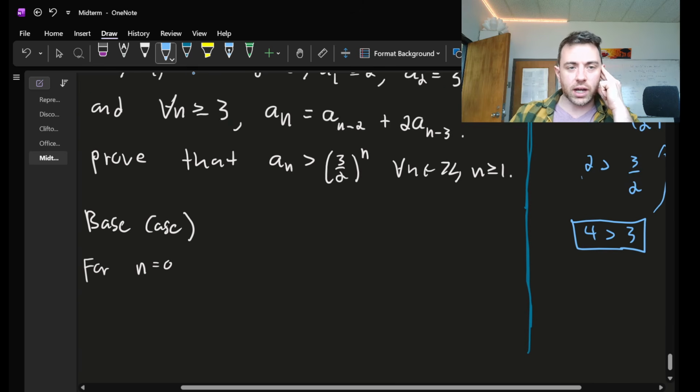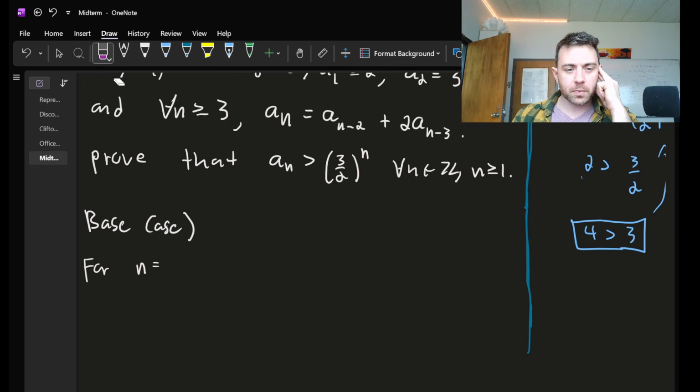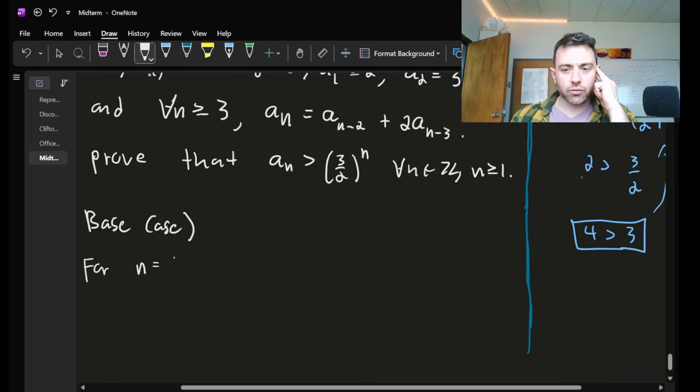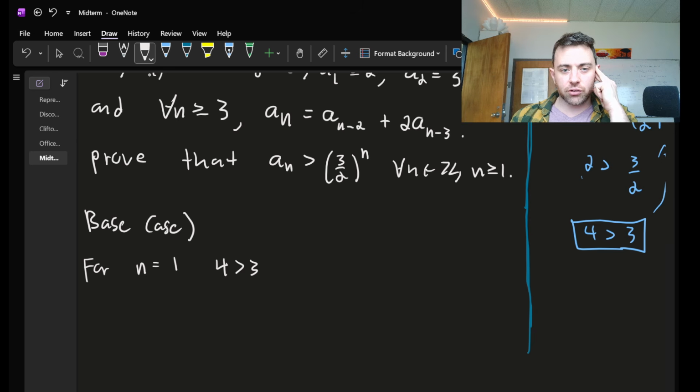So for n equals 1, we could write: 4 is greater than 3. This implies that 2 is greater than 3 over 2, which implies that a1 is greater than 3 over 2 to the 1, right?